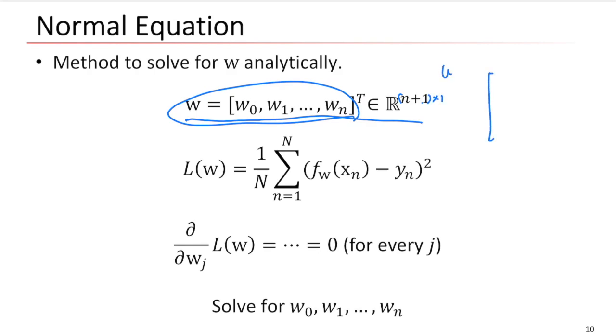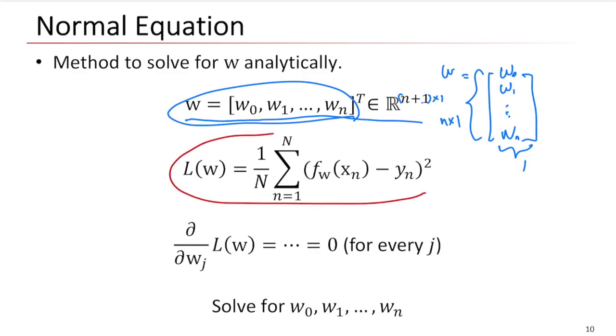What does that mean? w0, w1, like this. Okay. So it consists of n plus 1 rows with 1 column. Okay. And we also have the loss function that looks like this with the MSE loss. Okay. And we also know what this mapping function means, right? What's that?